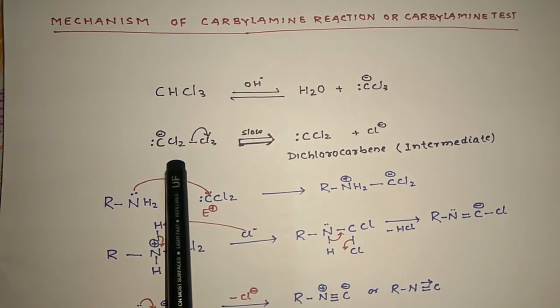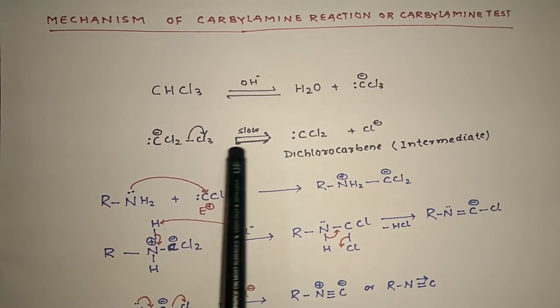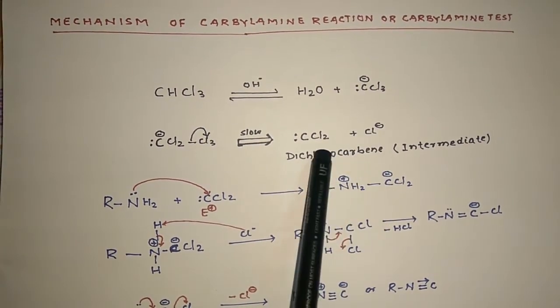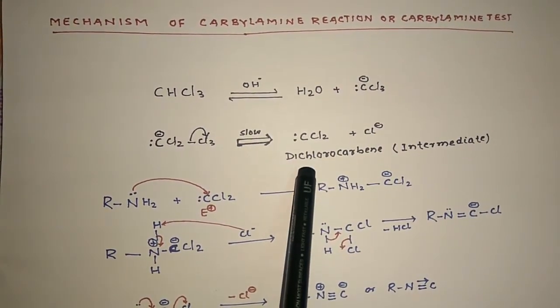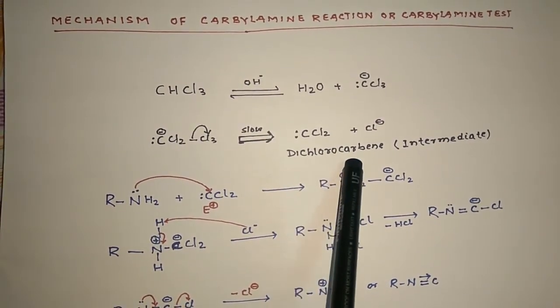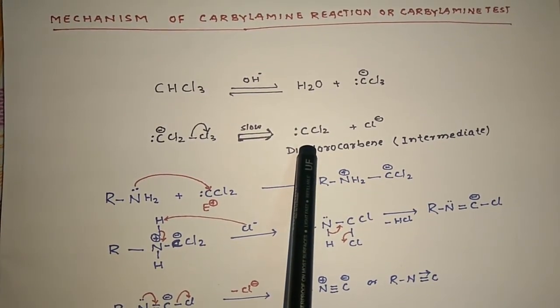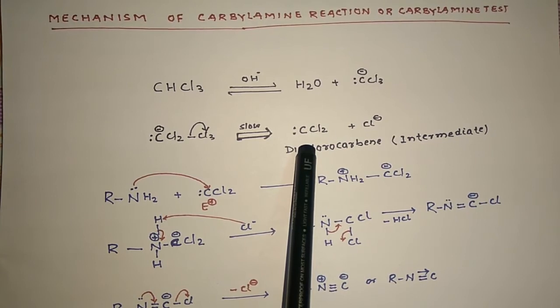Again, this CCl3 anion loses a chloride ion and forms an intermediate known as dichlorocarbene. This dichlorocarbene is an electrophile.